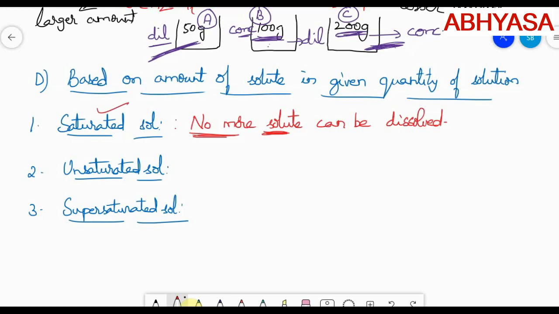One is unsaturated. An unsaturated solution means the solution which contains less amount of solute than required for saturation.